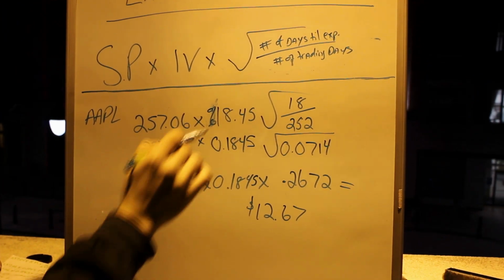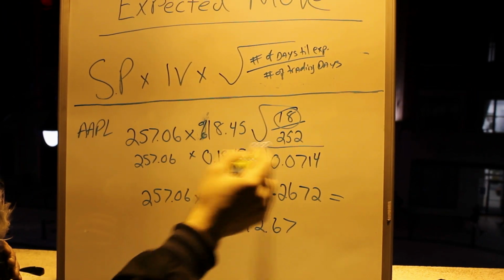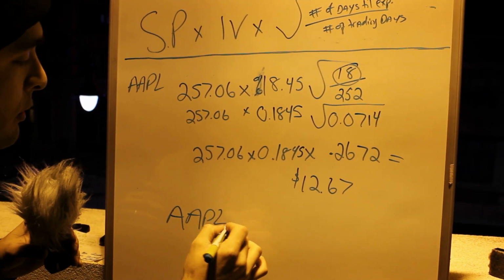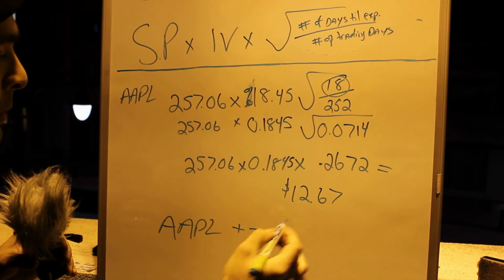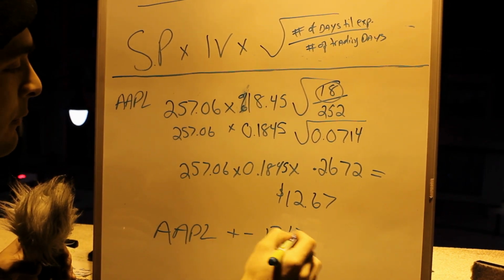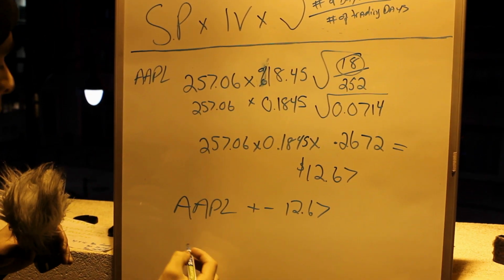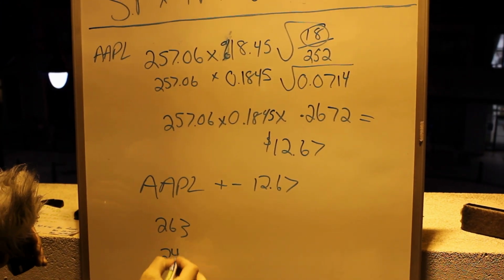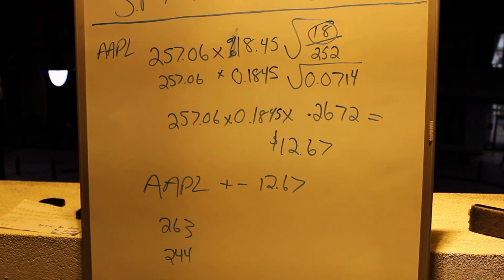That means in 18 days, Apple will either be plus or minus $12.67. On the high end, it will be 263. On the low end, it might be 244.